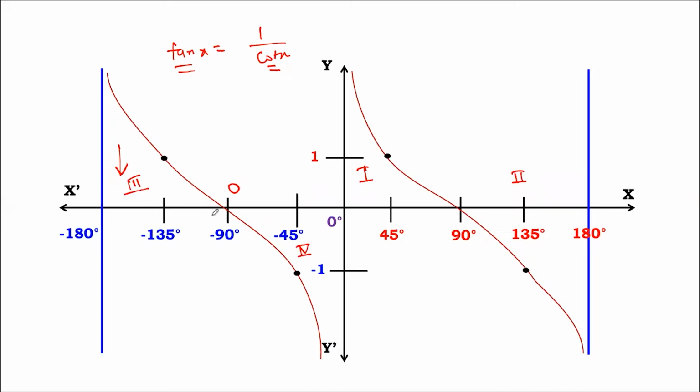The reciprocal graph will be the same, but the increasing and decreasing will be changed. From 0 to pi, tan was increasing, but cot will decrease. At 0, tan was 0, but cot will be not defined, and so on. Positive and negative: only in the first and third quadrant this is positive, and in the second and fourth this will be negative.